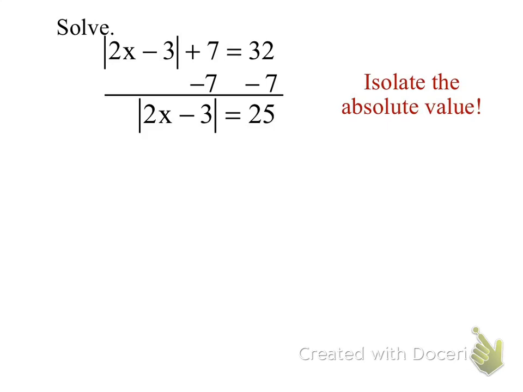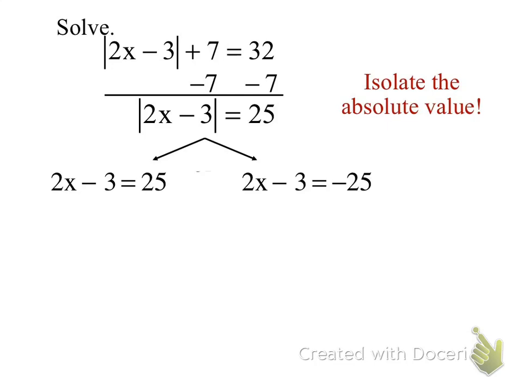Let's go with Gaul. You branch it into 2 equations. Okay, and set one equal to the positive and one equal to the negative. So it should be 2x minus 3 equals 25, or 2x minus 3 equals negative 25. And then we're going to solve it.